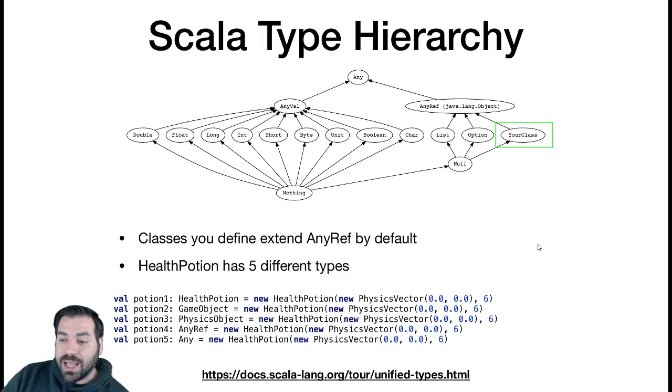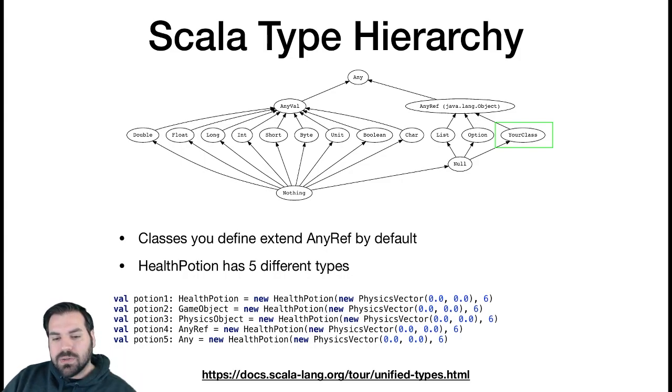So whenever you have a class that extends another class, you're saying that class is that type. It actually is another instance of that type. So when I create a new HealthPotion, that of course is a HealthPotion, and I can store that in a variable or value, in this case of type HealthPotion. I can give it as an argument to a method that takes HealthPotions and all that good stuff that we've seen with classes.